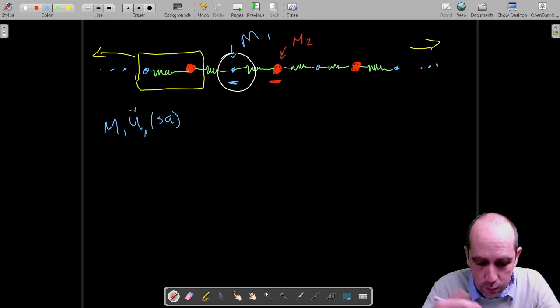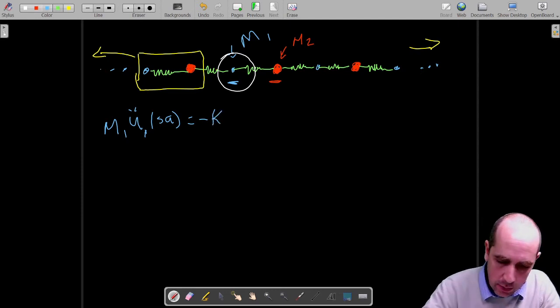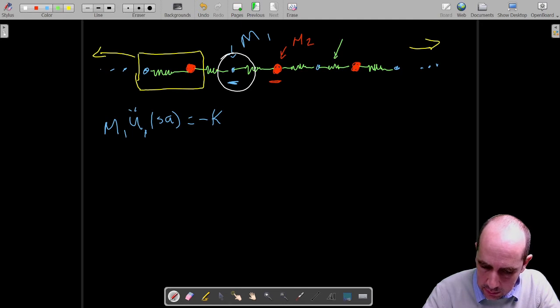So it refers to the position in the lattice, will be equal to minus k, where k is the spring constant that we're using.